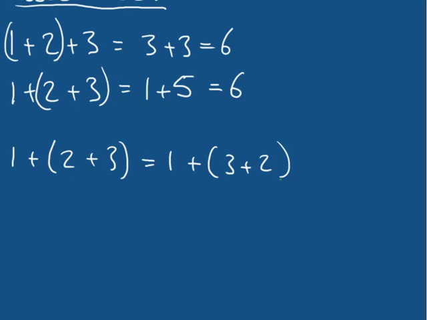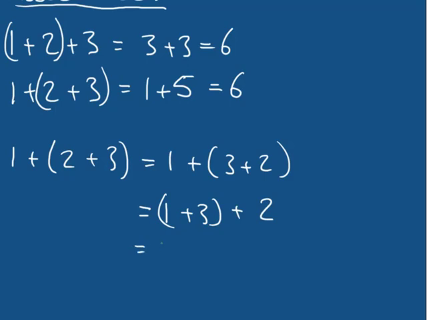Now again, we've seen with the associative law that if we group these as we have done here with the parentheses around the last two values, we could also put the parentheses around the first two values and it's the same. So this is also equal to (1 plus 3) plus 2. And as we saw in the earlier step, if we have grouped these using parentheses, we can switch them with the commutative law.